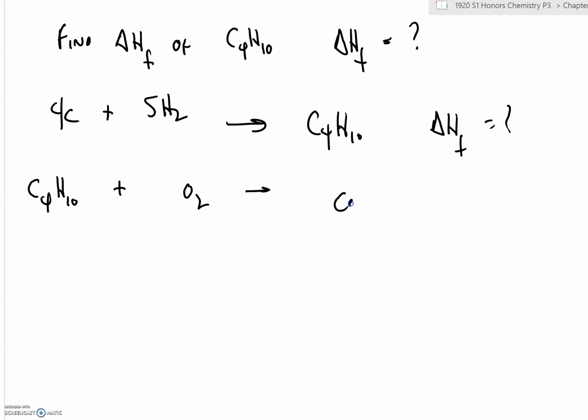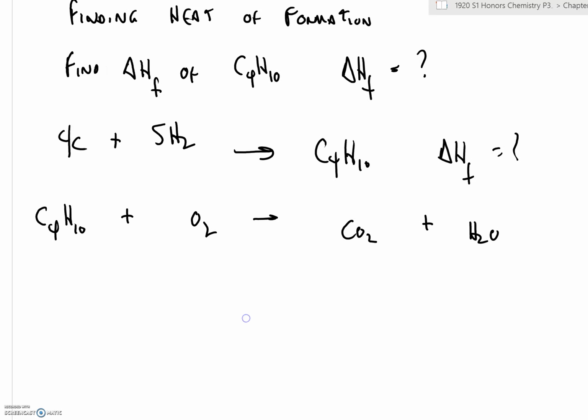C4H10 is going to combine with oxygen. Our products are always carbon dioxide and water. And let's balance this because we're getting pretty good at this. We're going to need 4 carbons, 10 hydrogens, and that means that we're going to need 13 oxygens, right? 8 and 5.